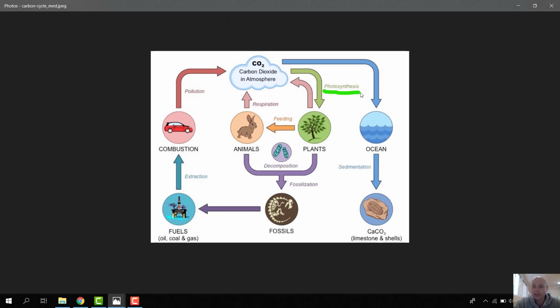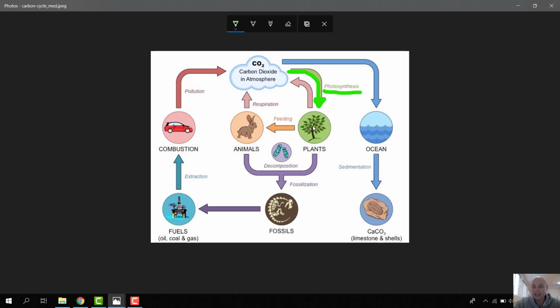So we have photosynthesis here. If you follow the arrow, carbon dioxide in the atmosphere will go from being a gas and go into plants and get converted into food or sugars for the plants.